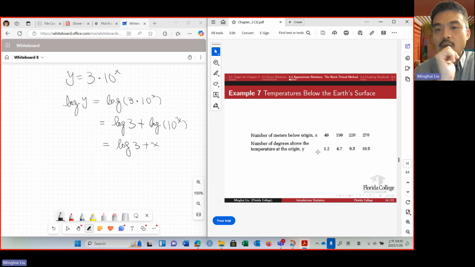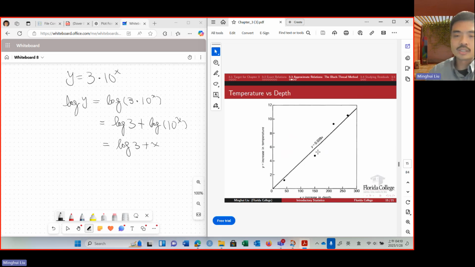Basically, it says we are at the surface of the Earth, so of course the temperature will be the same as the temperature of the Earth. That's why we choose this specific line, y equals 0.039x, to fit the data.